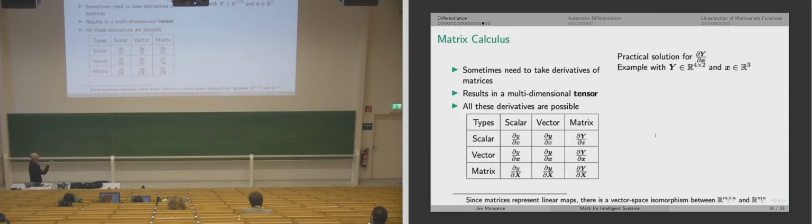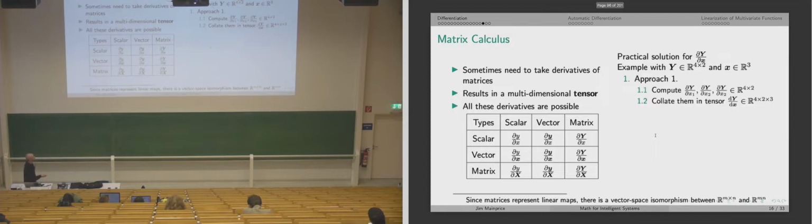Here, we are taking the example of a matrix being differentiated by a vector, and the matrix has the shape 4 times 2, and the vector has the shape 3. The first approach is to differentiate the matrix with respect to a single scalar, and that's not too hard, and it results in matrices that are exactly the dimension of the matrix that we're differentiating.